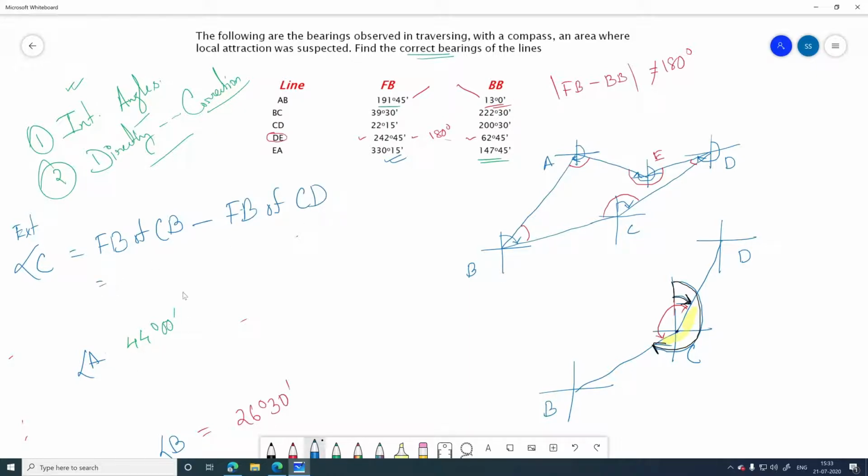So what will be the angle? The angle will be, let's see here, forebearing of CB, it is not given, so we will change it like back bearing of BC. So back bearing of BC is 222 degree 30 minutes, and forebearing of CD is 22 degree 15 minutes.